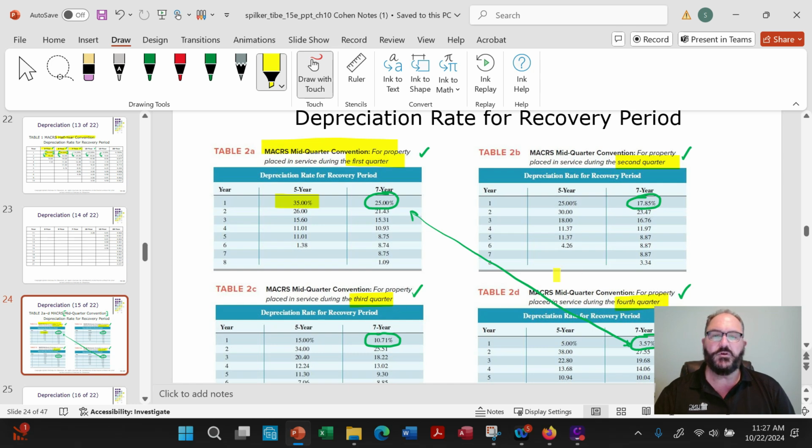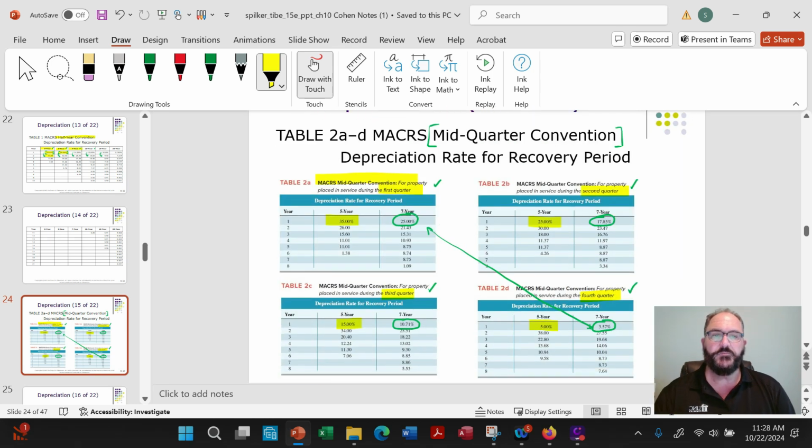So if you take a look at the difference in the fourth quarter, here you get 5%, and in the first quarter you get 35%. And in the second quarter you get 25%, third quarter 15%. So what they did, they broke it down, basically giving you less depending upon what time of the year you put it in service. Okay?